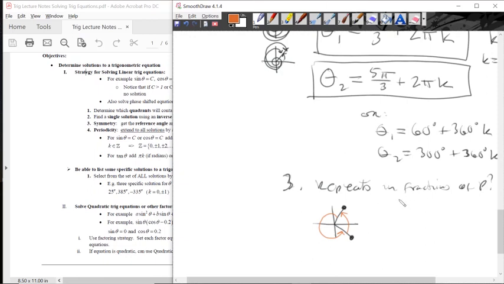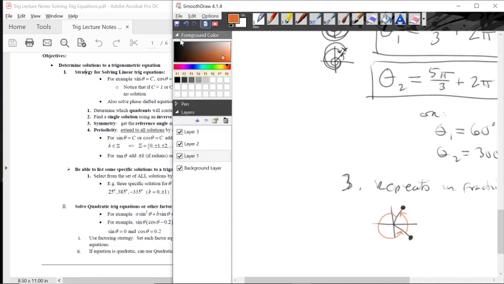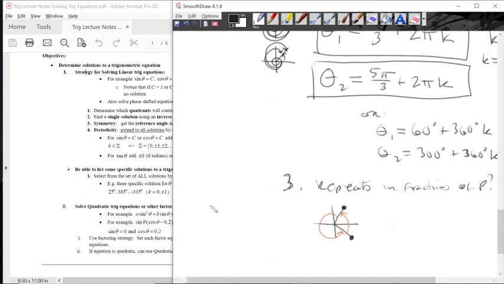The only way to have repeats when there are two solutions is if they are separated from each other by 180 degrees or pi radians.